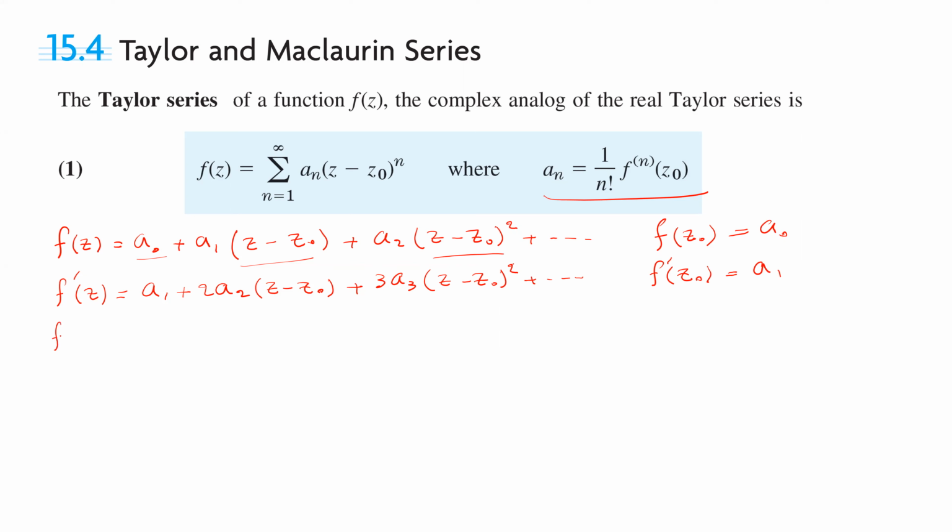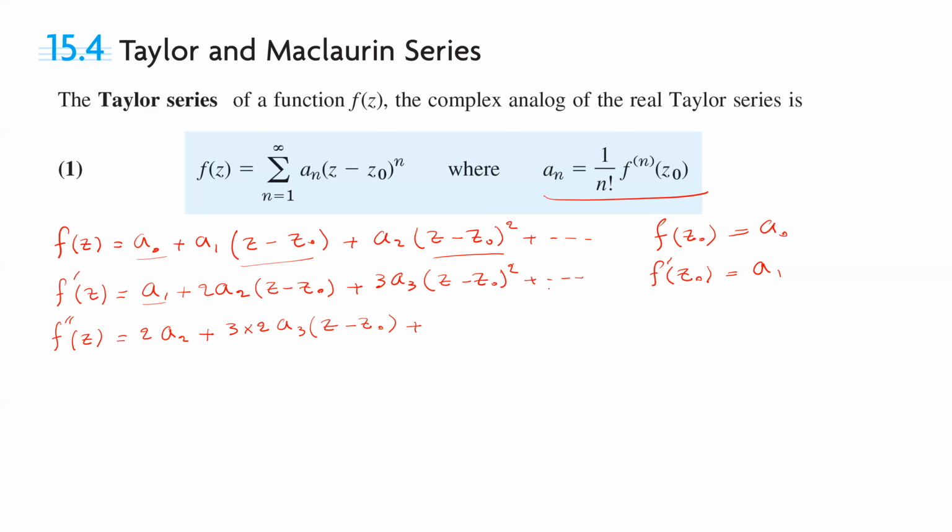Now, if you do the double derivative, then this becomes 0. You get 2a2. And then plus 3 times 2, a3 times (z minus z naught).